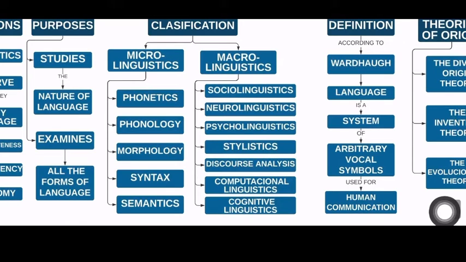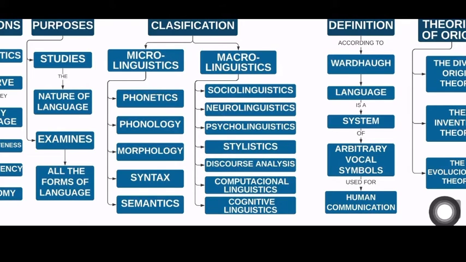Sociolinguistics. The study of language and society, how social factors influence the structure and use of language. Psycholinguistics. The study of language and mind, the mental structures and processes which are involved in the acquisition, comprehension, and production of language.